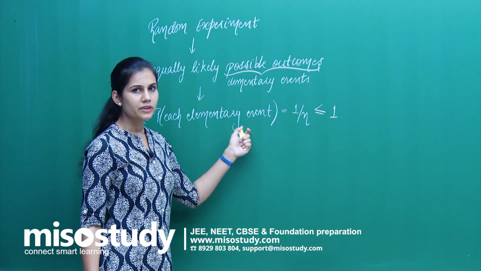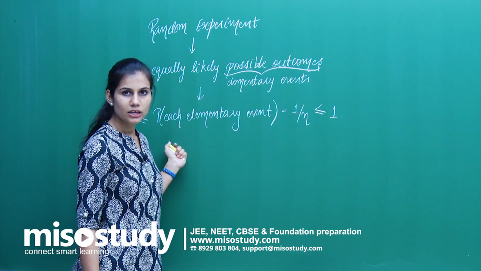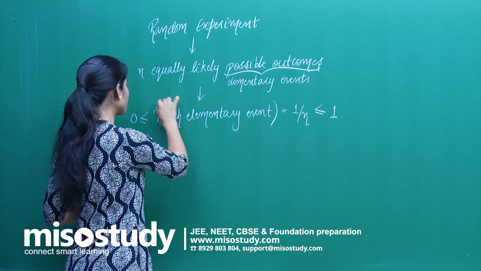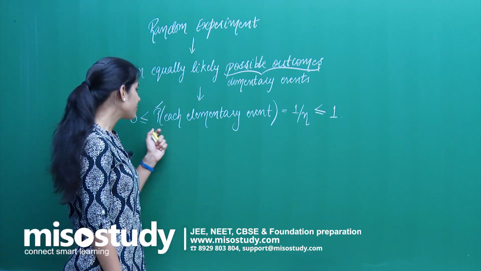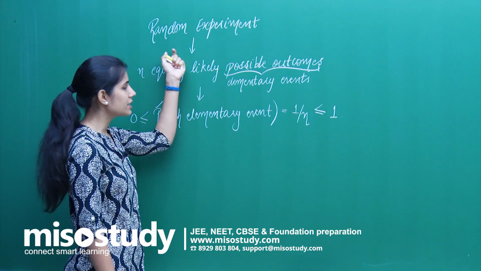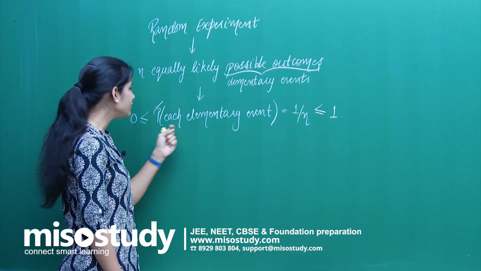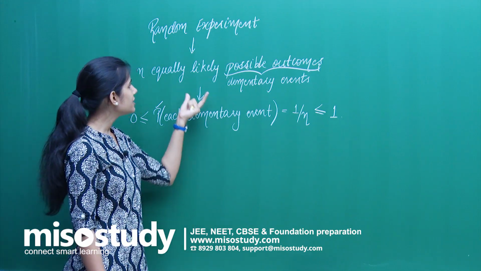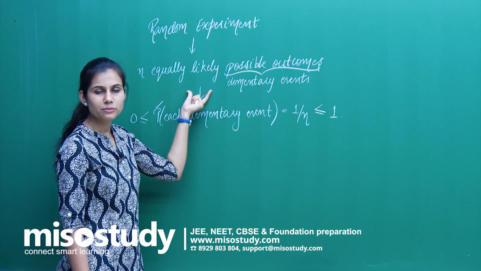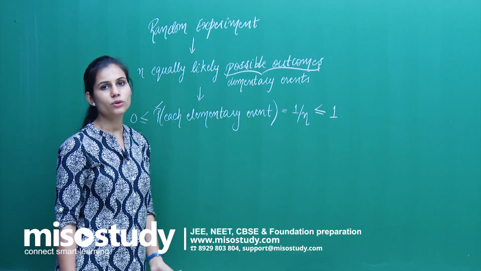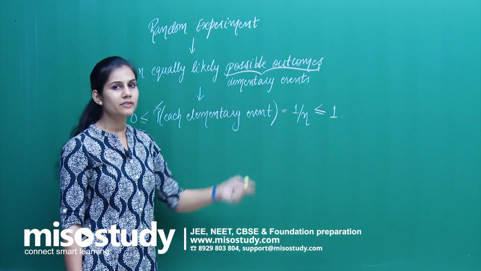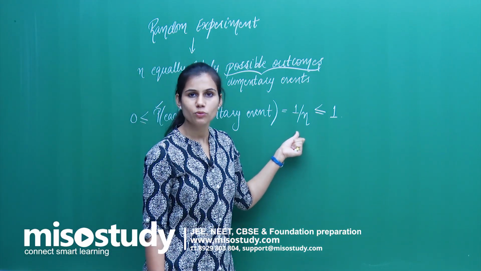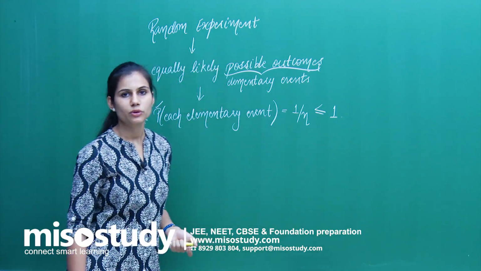Because P is a probability function, it has to satisfy the axioms. That is the meaning of the axiomatic approach to probability. So P is the probability function corresponding to this random experiment, then clearly the probability of each elementary event will lie between 0 and 1, but because the elementary events are associated to a random experiment which has equally likely possible outcomes, each elementary event has equal chances of occurrence. That is why the exact probability comes out to be 1 by n, which also lies between 0 and 1 obviously.